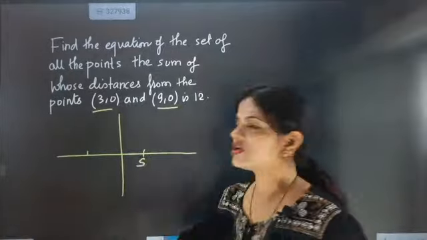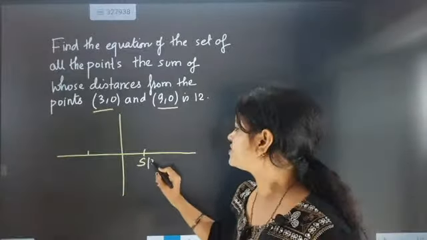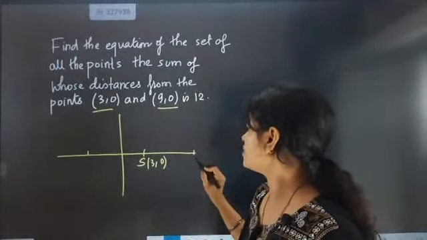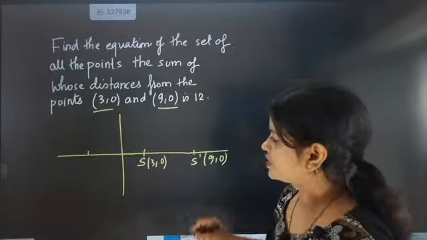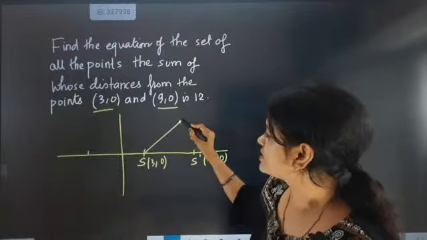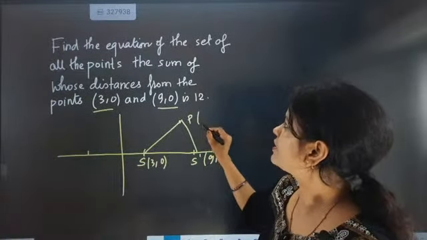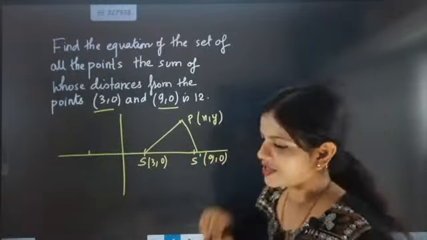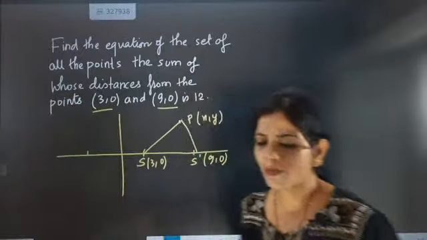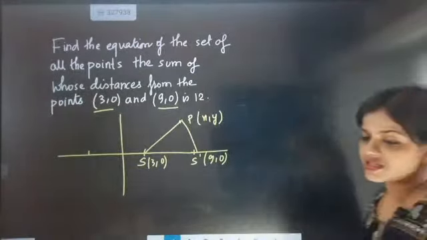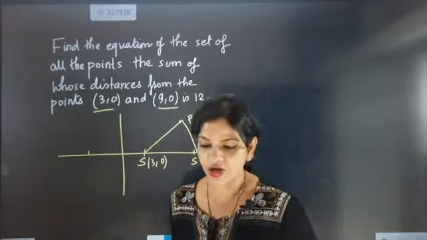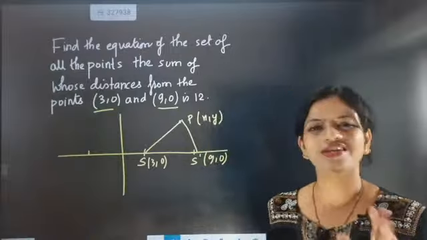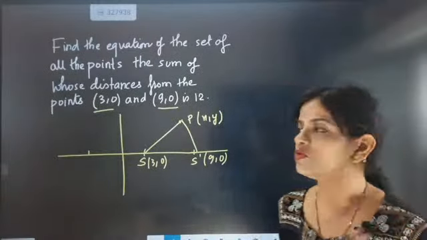So here one focus will be S, 3, 0, another focus will be S dash, that is 9, 0. So for these two foci, the sum of distances from an arbitrary point remains the same. These types of questions are very typical and very important to understand. Once you understand, in examination you will not be taking more time to solve.